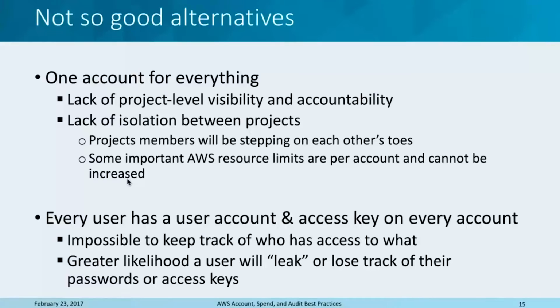Yeah, and a very important limit that you really don't have control over is there's an API call limit per account. And Amazon doesn't really publish how that limit is determined or set. But it basically says that each account has a certain number of API calls they can make per hour or per minute or whatever the time unit is.